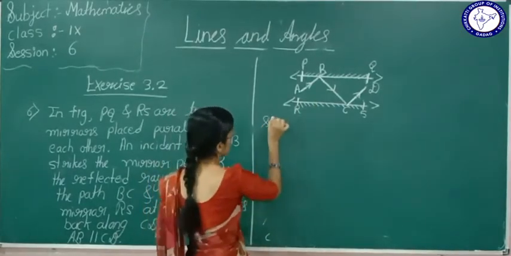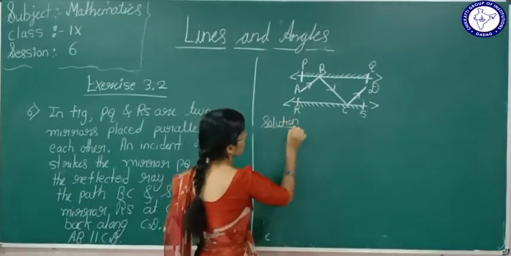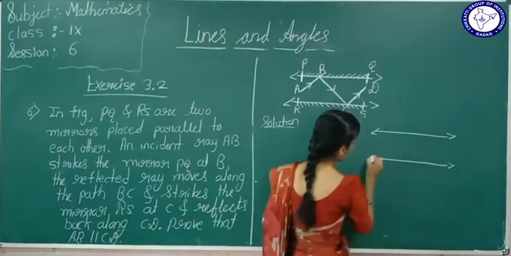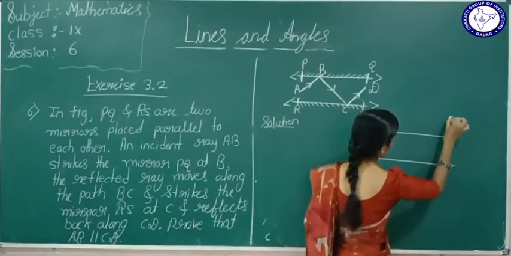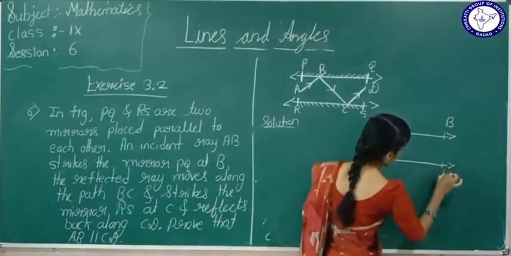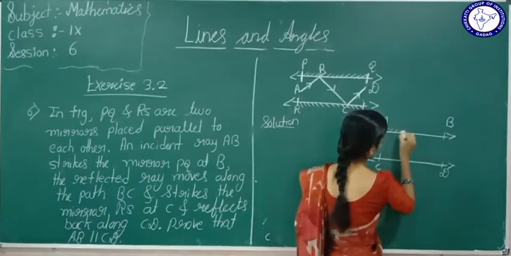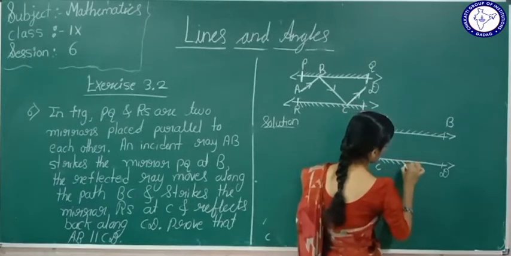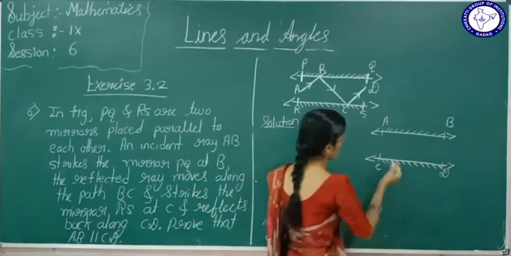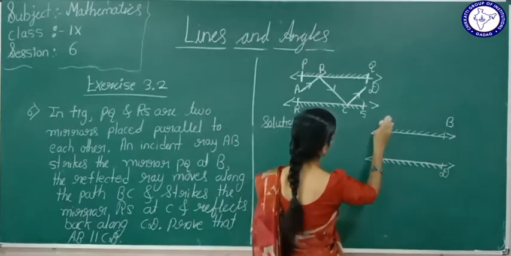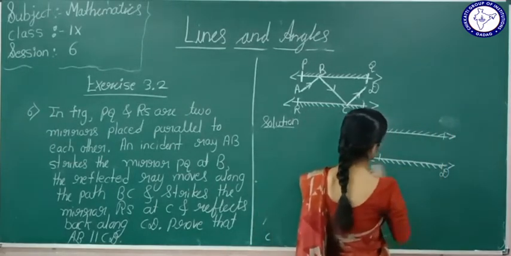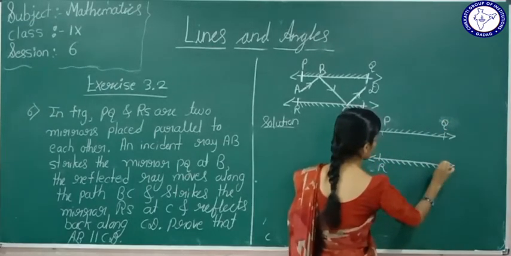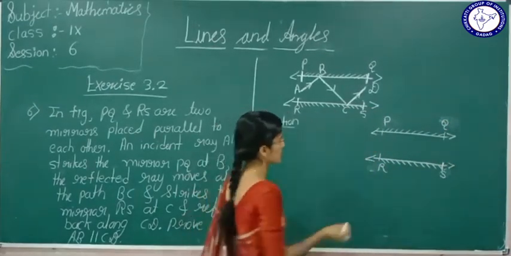See the solution. We will draw the figure once again. PQ and RS are two mirrors placed parallel to each other.